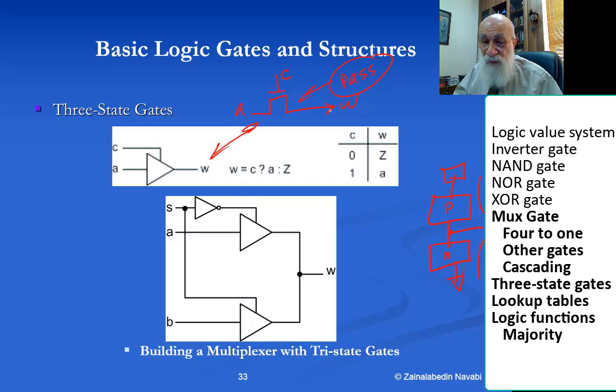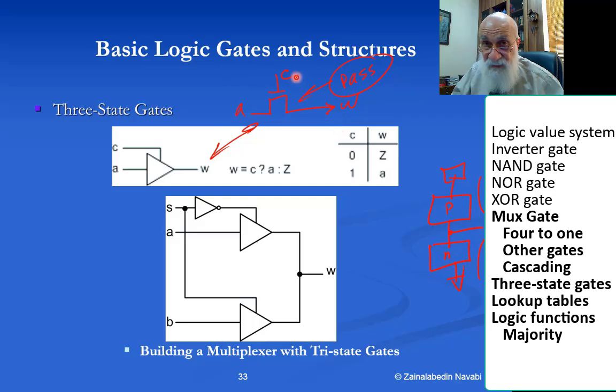This one, when C is 1, the output is driving current from the A input. I'm talking about the NMOS transistor.